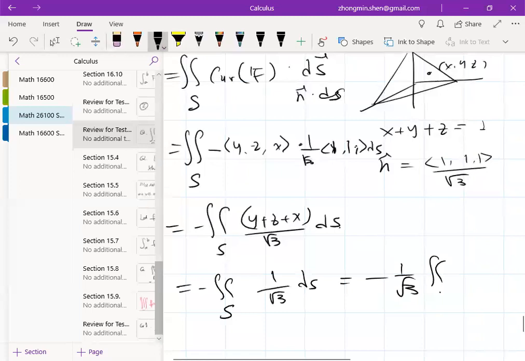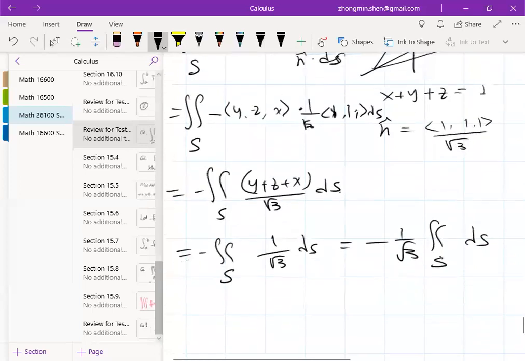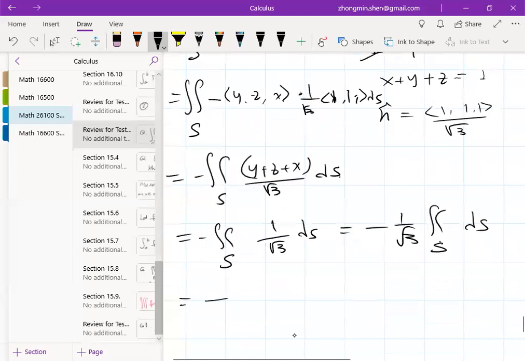Then you get the surface integral of the constant, which is going to be the area of the surface. Now, this is where you have to apply geometry.